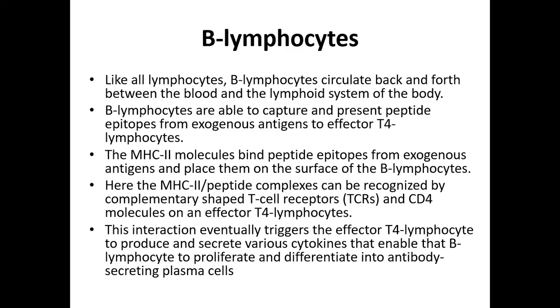The MHC second molecules bind peptide epitopes from exogenous antigen and place them on the surface of the B lymphocytes. Here, the MHC second peptide complex can be recognized by the complementary shaped T cell receptor TCR and CD4 molecules on effector T4 lymphocytes. This interaction eventually triggers the effector T lymphocyte to produce and secrete various cytokines that enable that B lymphocyte to proliferate and differentiate into the antibody secreting plasma cell.